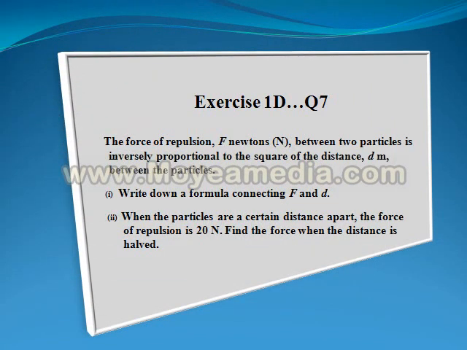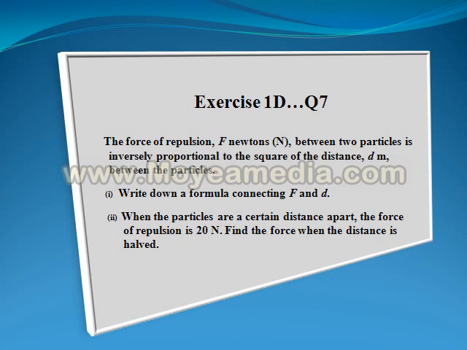And here I took one more question from your exercise 1D. This is question number 7, and I think it's a little bit difficult for you guys. That's why I'm trying to explain it to you here. The question statement says, basically, this is again the same Newton's law of gravitation involved here.